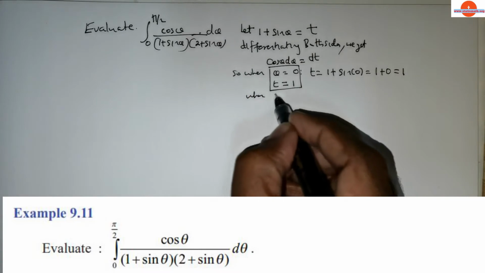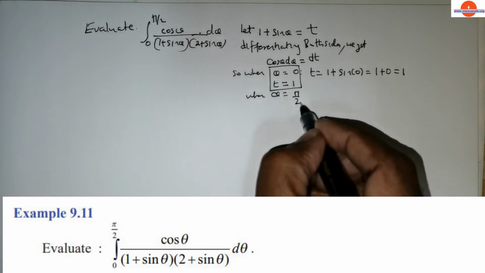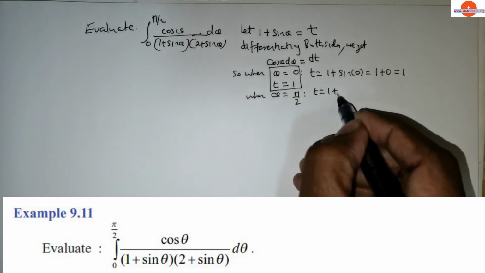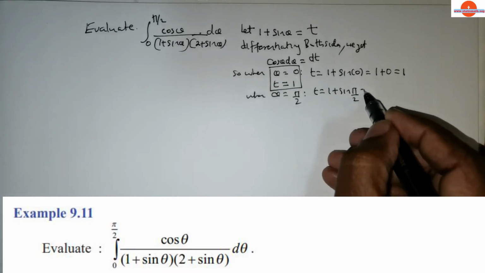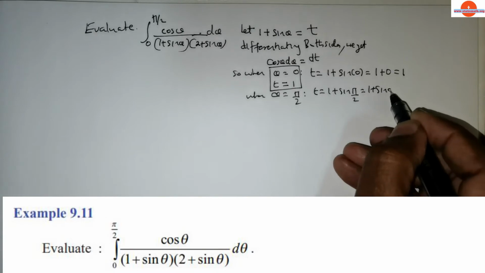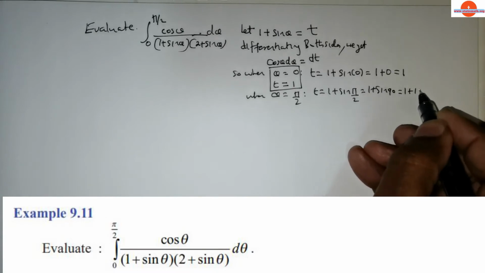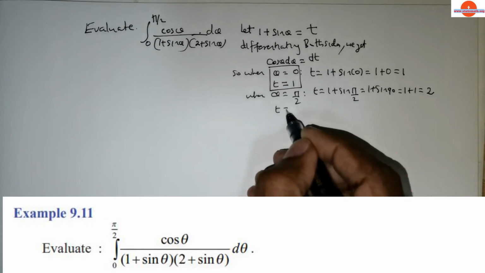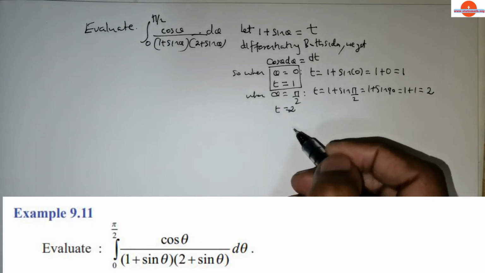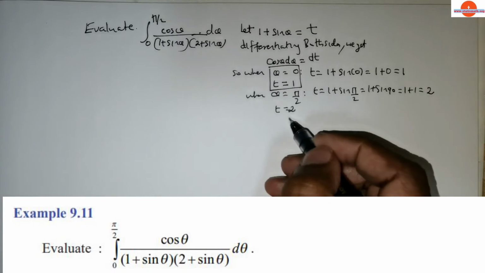Now when theta is equal to pi divided by 2, t is 1 + sin of pi over 2. Now sin 90 is equal to 1, so 1 + 1 will be equal to 2.